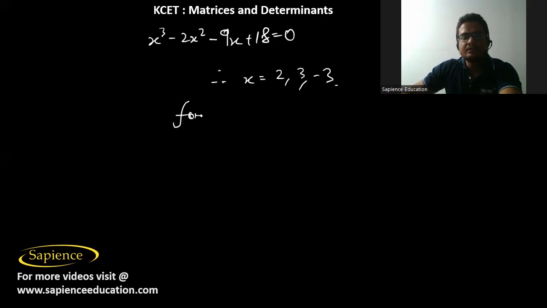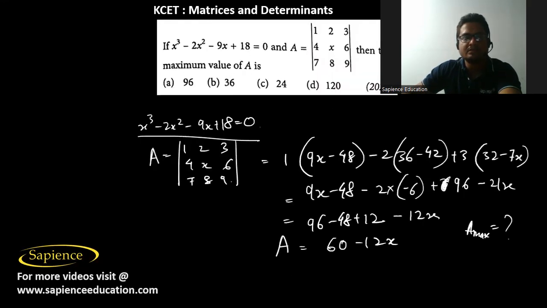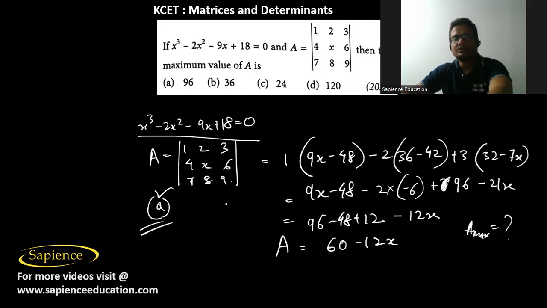For x equal to minus 3, we saw that A has the maximum value, which is 60 minus 12 into minus 3, which is 96. So the maximum value of A is 96, which is option A. So option A is the correct answer.